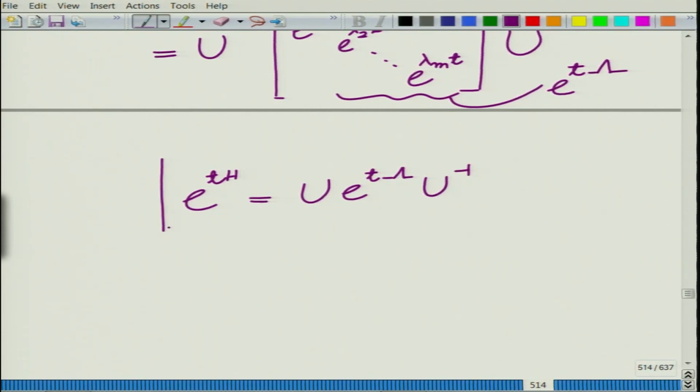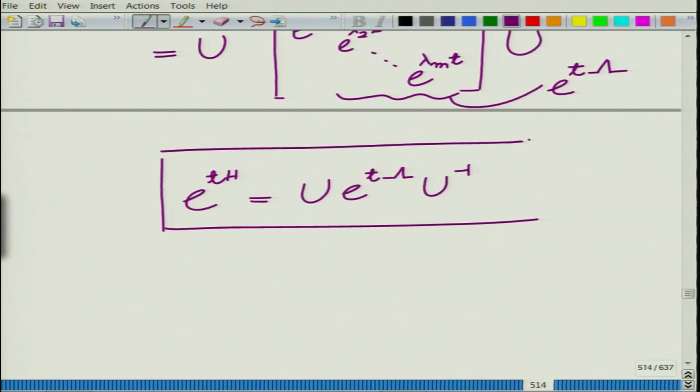This is a very interesting property, because it tells you the matrix exponential in terms of scalar exponentials.